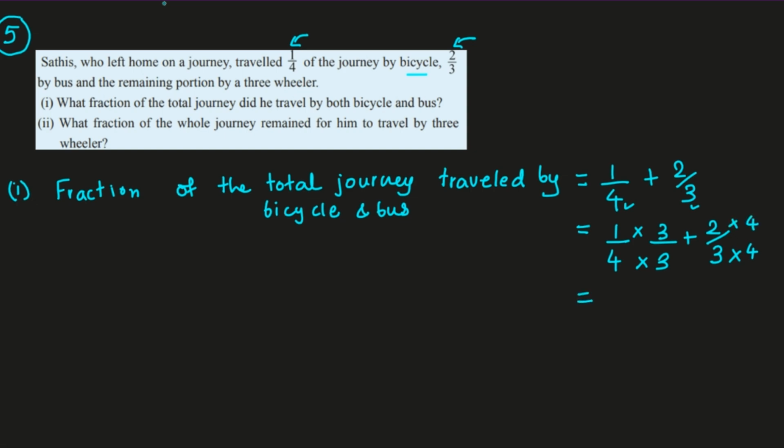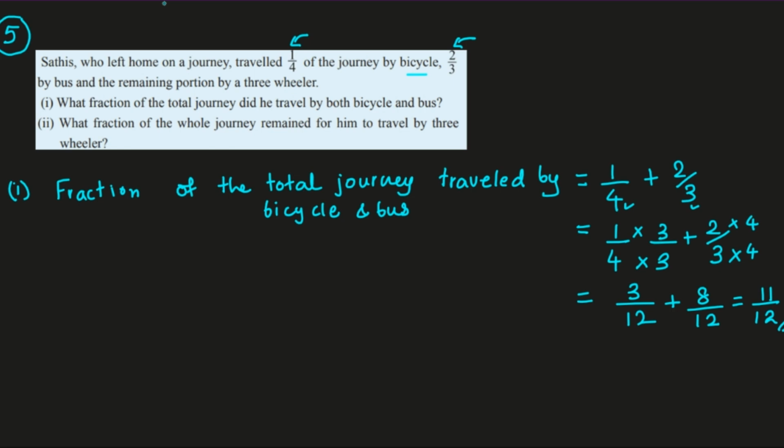So what will be the answer? 1 into 3, it's 3. 4 into 3, it's 12. Plus 2 into 4, it's 8. 3 into 4, it's 12. So the final answer will be 11 upon 12. This will be the fraction of the total journey that had been traveled by the bicycle and the bus.